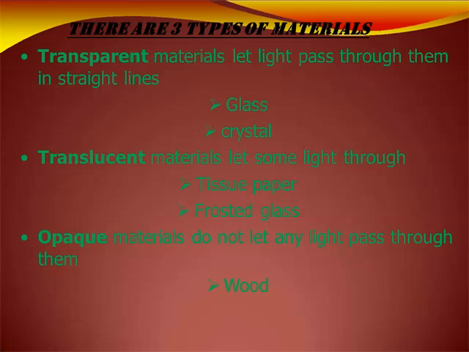We have seen lunar eclipse and solar eclipse, Chandragrahan and Suryagrahan. How is this caused? Because the earth and the moon come in between the light. So that's why we can't see through this material, and that material is termed opaque material.